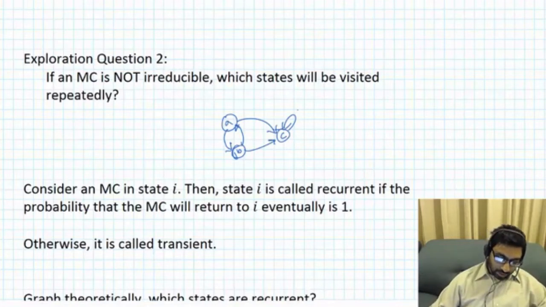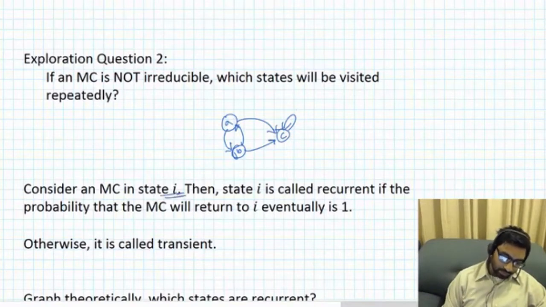So let's explore this idea a little bit further. Let's consider a Markov chain in some state I. We're going to call that state I a recurrent state if the probability that the Markov chain will return to I eventually is 1.